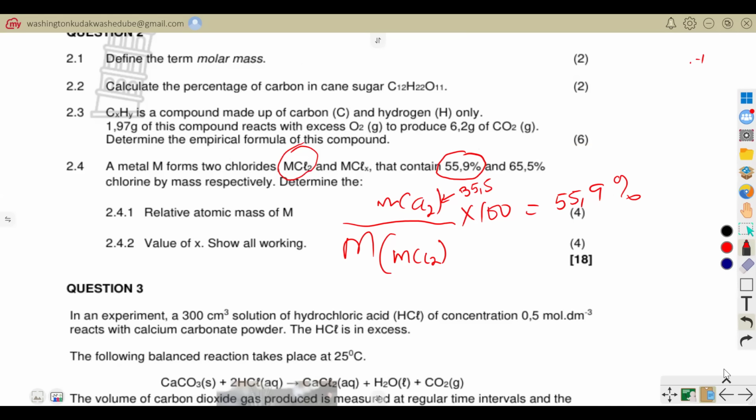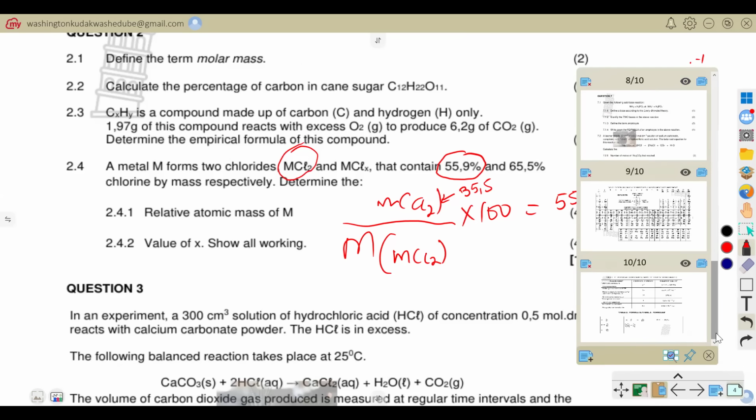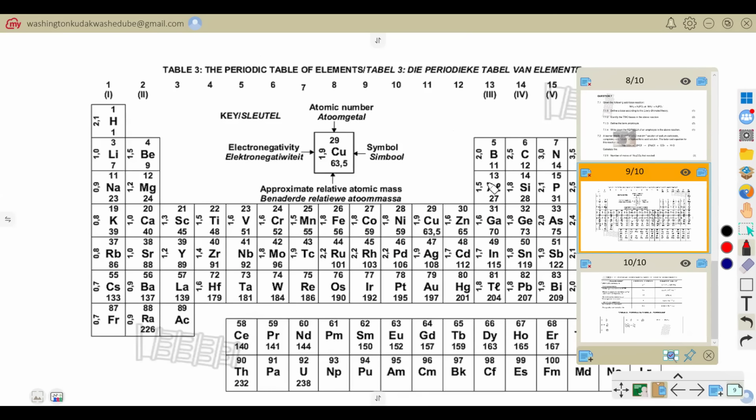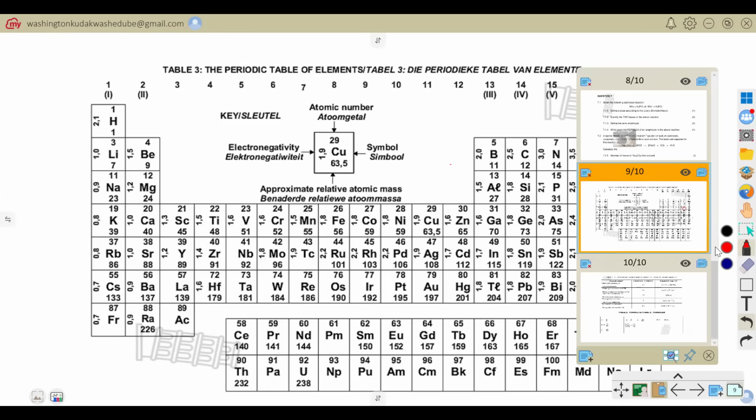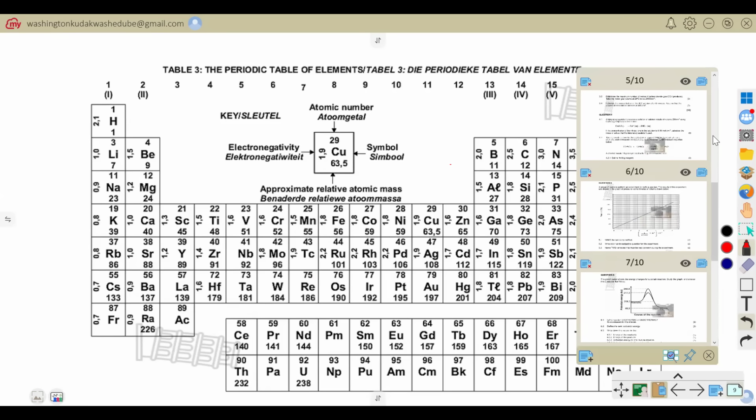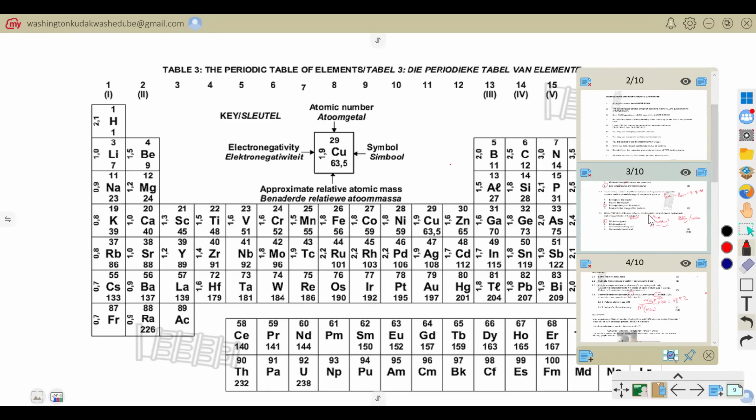Let me show you the periodic table here so that you can see where I'm getting that information. From my periodic table, I would go to chlorine. Chlorine is here, and its relative atomic mass is 35.5. You can see that from the periodic table. Now I have to come back to my question so that I can finish up.